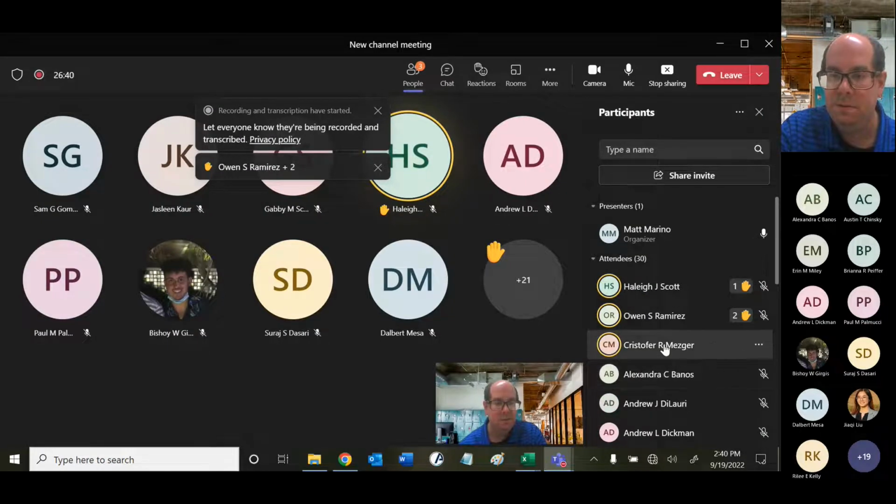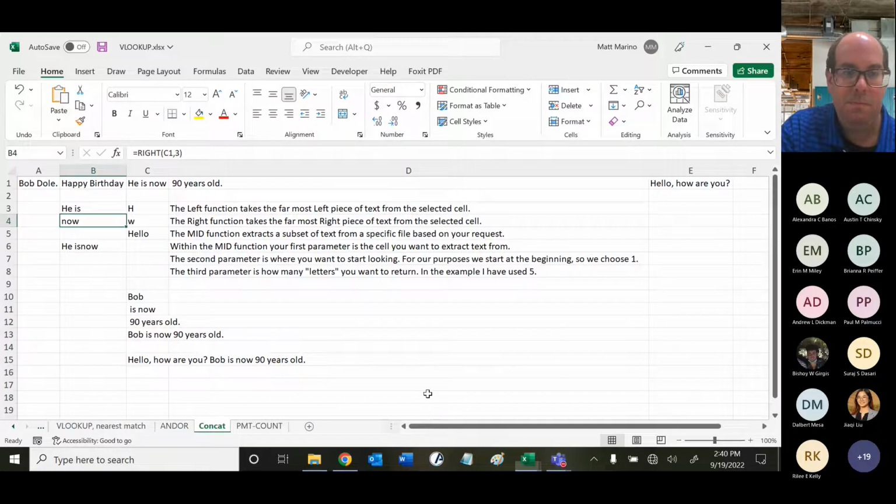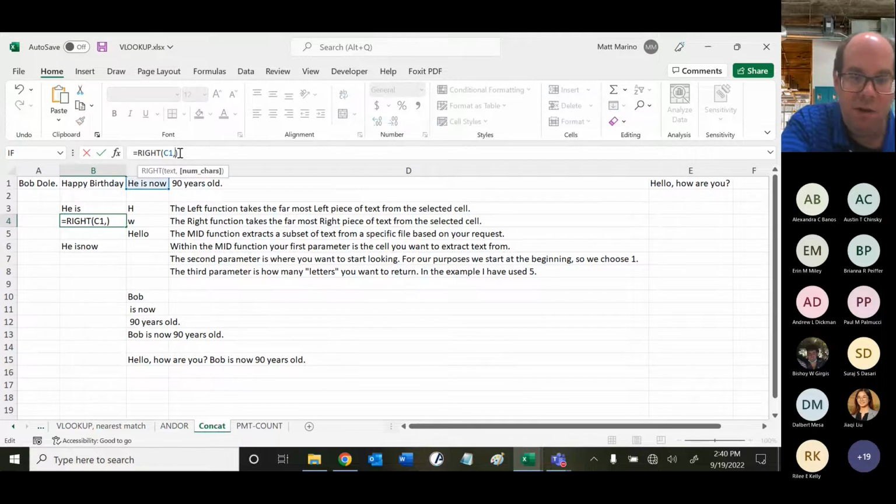Chris? 4. 4, yep. So the 4 now gives us all 4 from the right, which includes the space between he is and now.